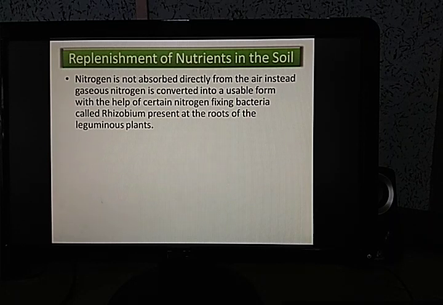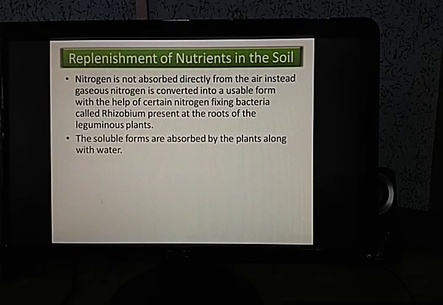And nitrogen helps in the synthesis of proteins for the plants. Now the soluble forms are absorbed by the plants along with water. Already we have discussed in the earlier class how these soluble forms are absorbed by the plants. So if you miss that part, you can revisit it from the earlier class.